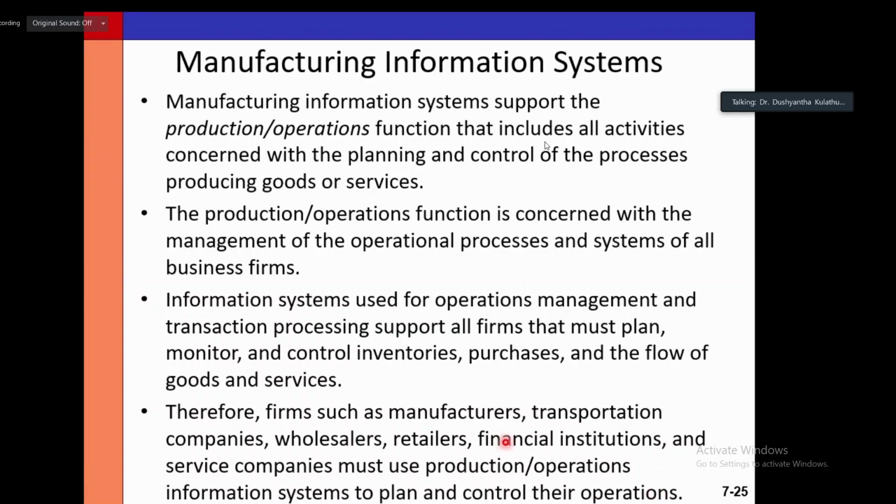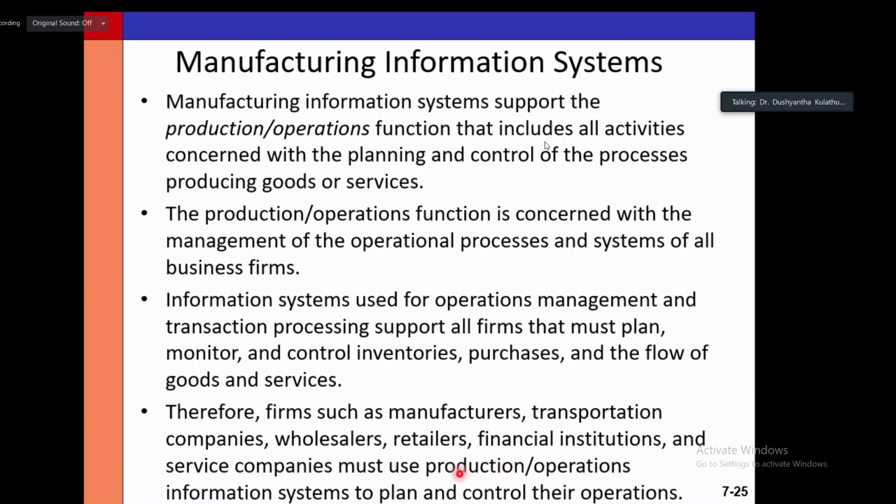A wholesaler has a certain type of operation, a retailer a different type, and a financial institution or a bank a different operation. But their operations should also be planned and controlled, and that will be done with the category of systems identified as operations information systems.